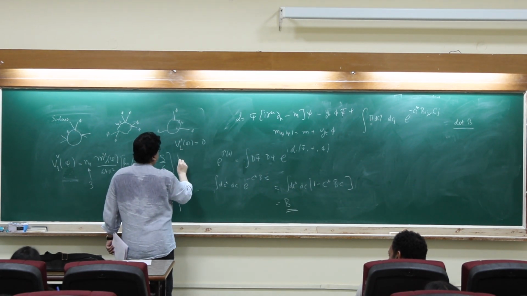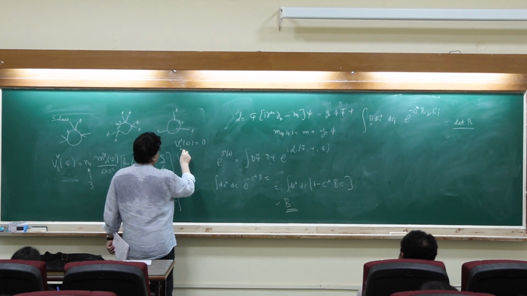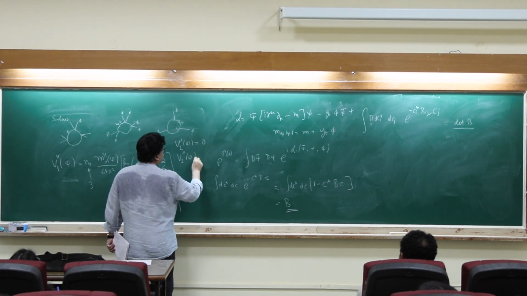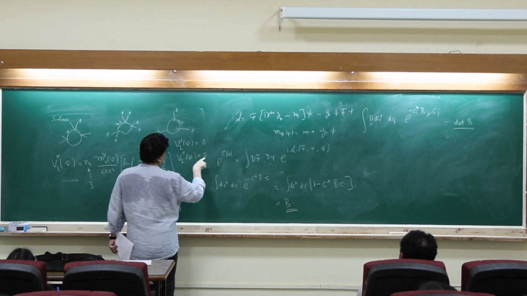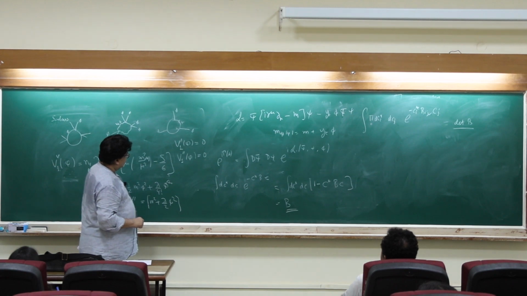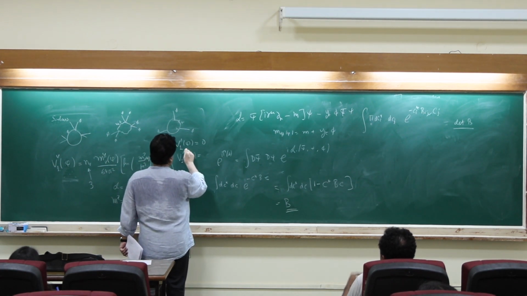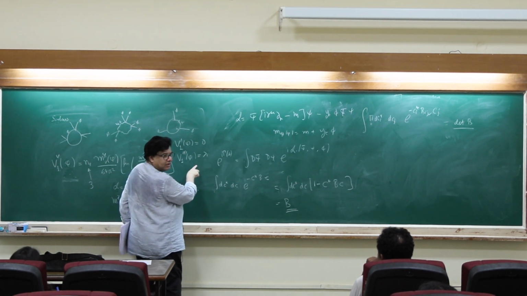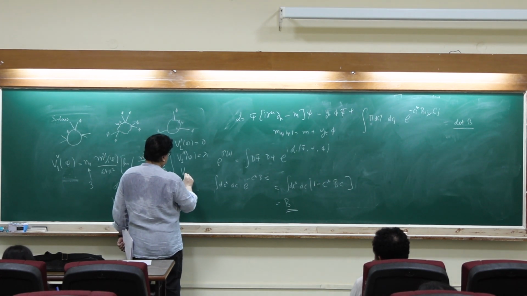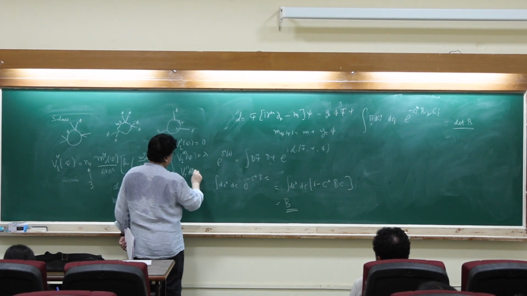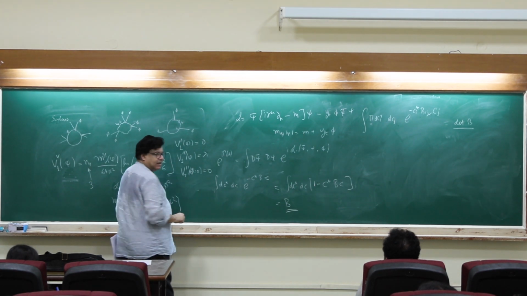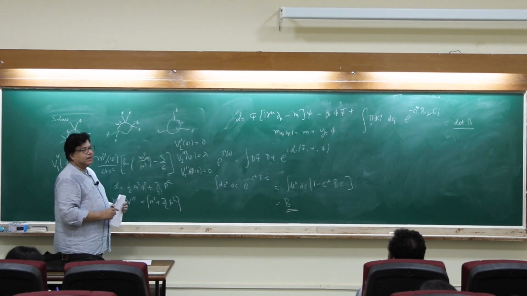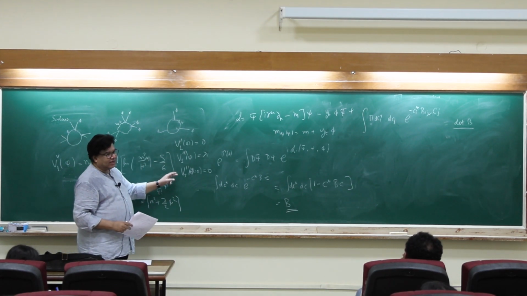And the second thing you do is that V double prime of phi is lambda, and V1 double prime at phi equal to 0 is 0. So it's basically some sort of mass shell type of a thing. Yeah, so this different renormalization gives you 25 by 6.